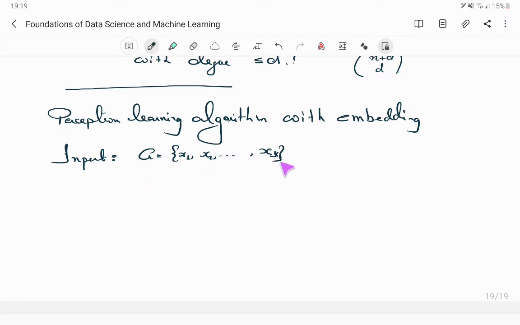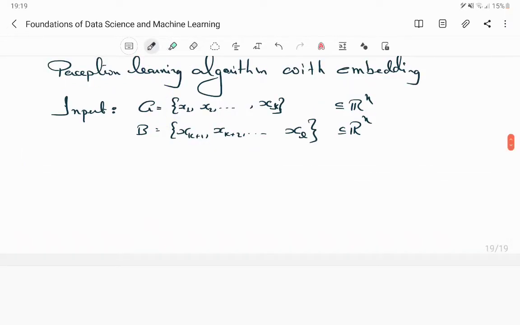And then the bad set will be some points numbered consecutively, which I'll need later. As of now, you don't need to bother why I'm calling it by these numbers. So this is a subset of Rn, this is another subset of Rn, this is the good set, this is the bad set, right?